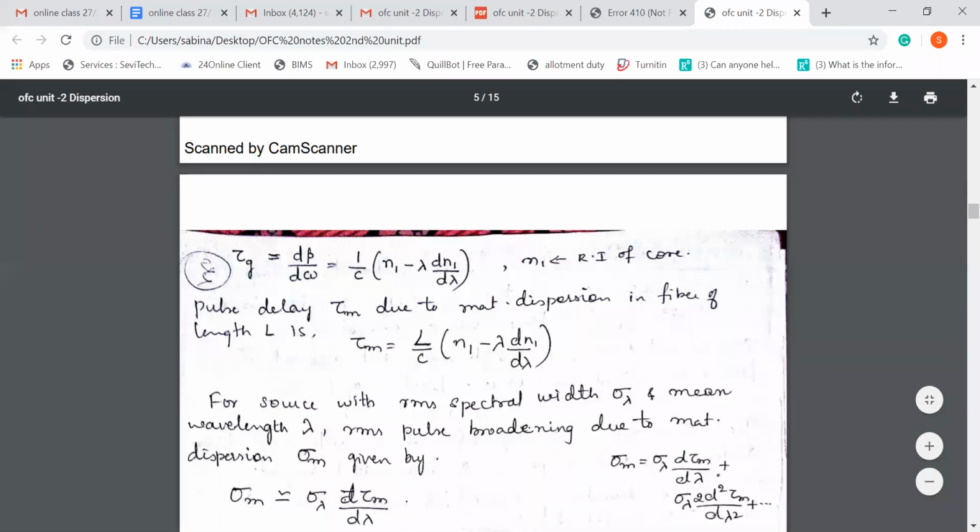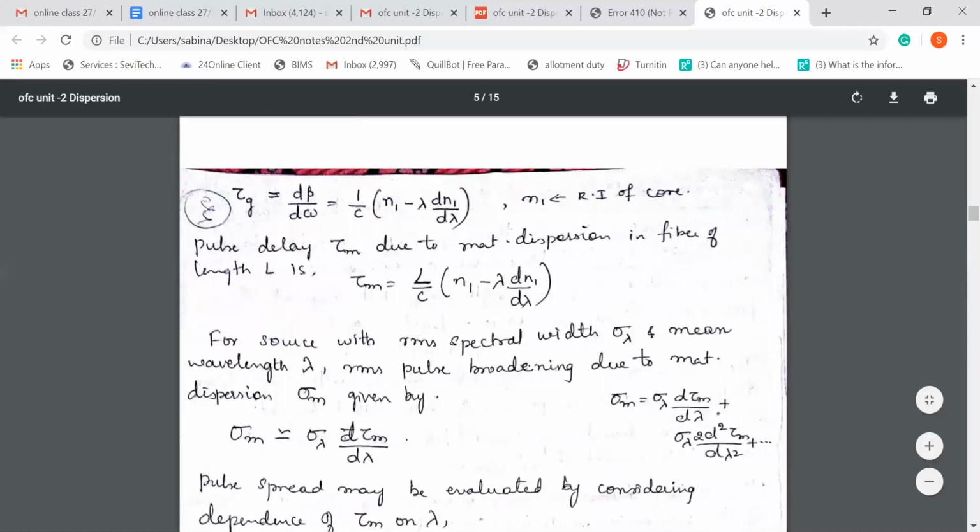For a source with RMS spectral width sigma lambda and mean wavelength lambda, this is the relation for the RMS pulse broadening due to material dispersion.